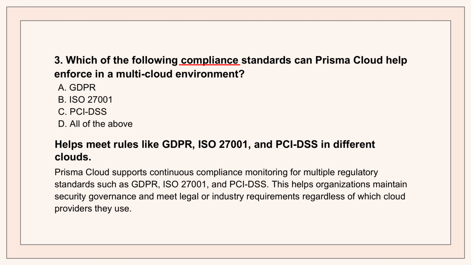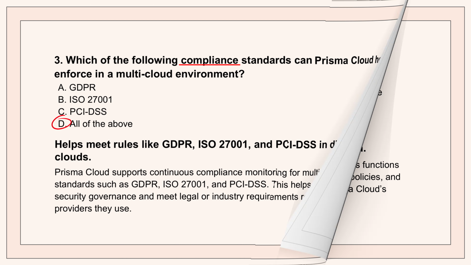So one place to see if you're meeting the rules everywhere? That's the idea. It helps organizations meet those regulatory demands regardless of which cloud provider they're using or how many they're using. That sounds much more manageable than juggling spreadsheets for each standard and each cloud. It is. It automates a lot of that checking and reporting. The ability to unify compliance monitoring across different clouds is, frankly, a game changer for managing risk effectively.